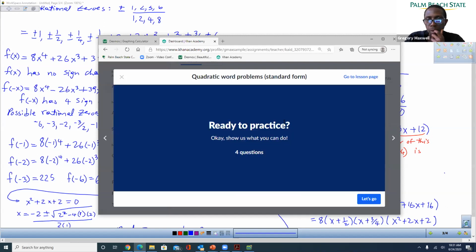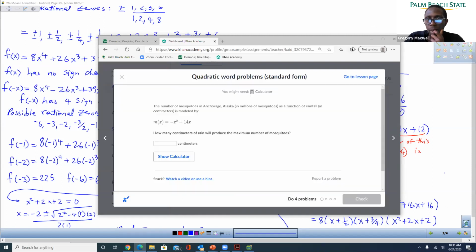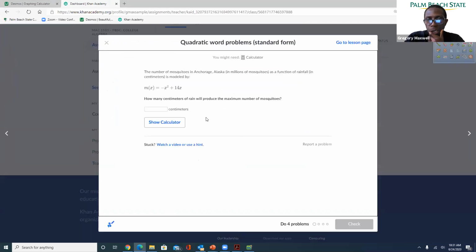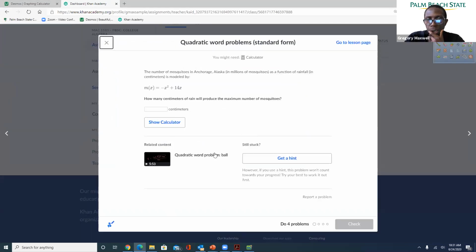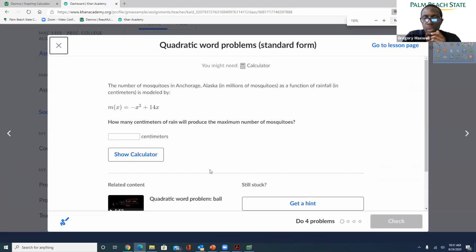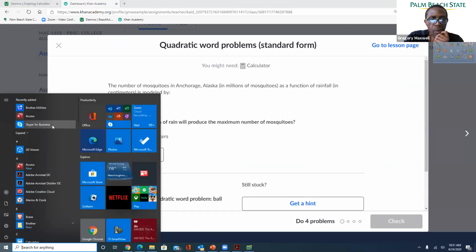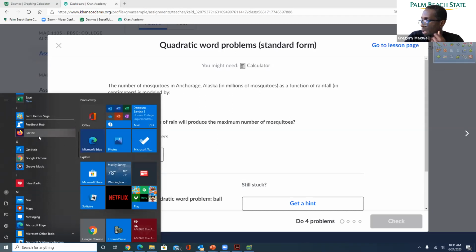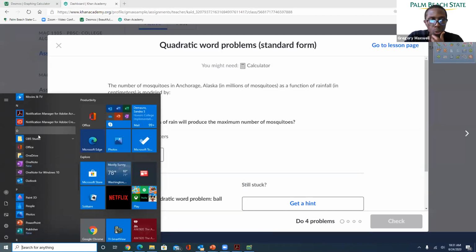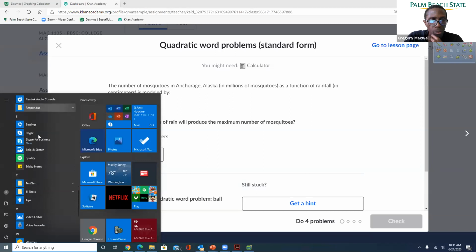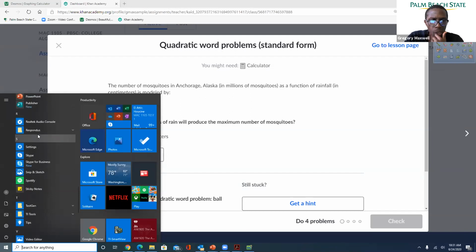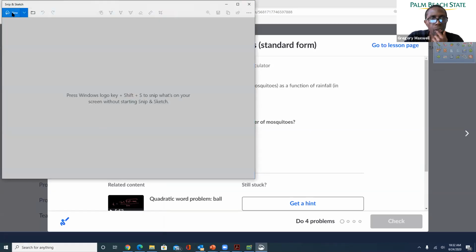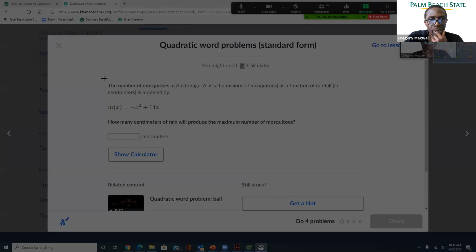If you are stuck on a question, you could simply click on hint and get the hint there. But in addition, you can do something like this. Open your computer, scroll down. If you're on Windows 10, you can do this. I'm not sure how it works on a Mac or another operating system. There's a snipping tool on Windows. You can just click new and snip it.